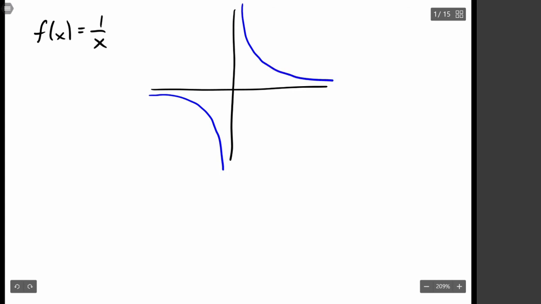So this is the graph of 1 over x. Let's look at all three of the types we have: the limit from the left, the limit from the right, and the two-sided limit.